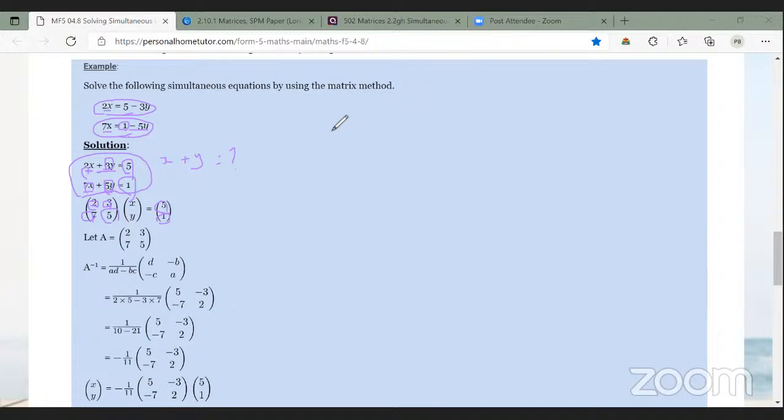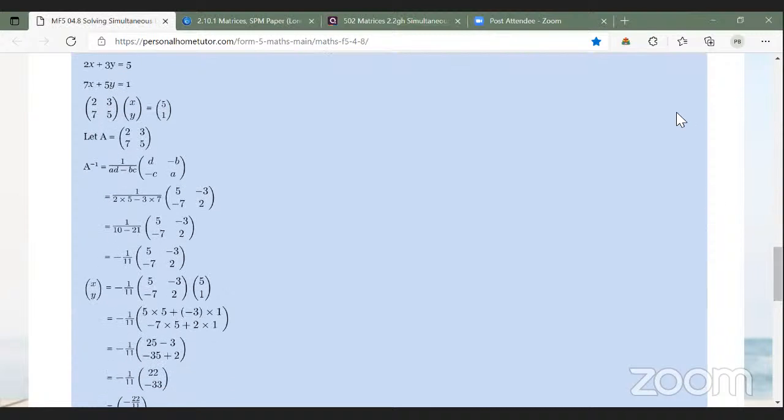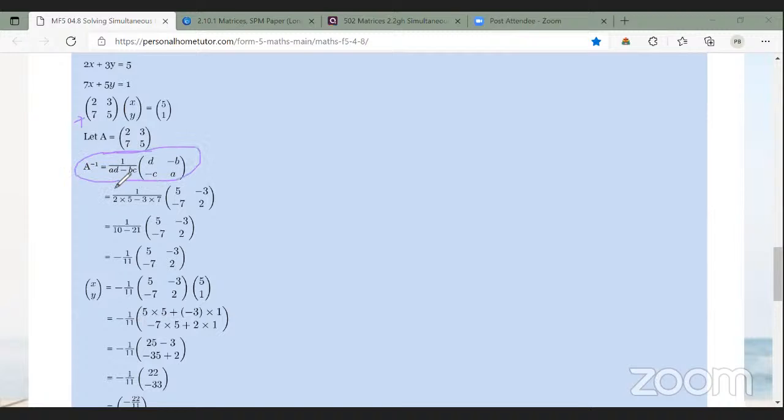And so once you do that, then you sort of have to apply the inverse matrix. All right. So once you do that, this will be your matrix A, just as an example. So you can see here, let A be this matrix. So the inverse of this will be this formula that you have to follow. So now, what's happening is that this formula is happening over here.